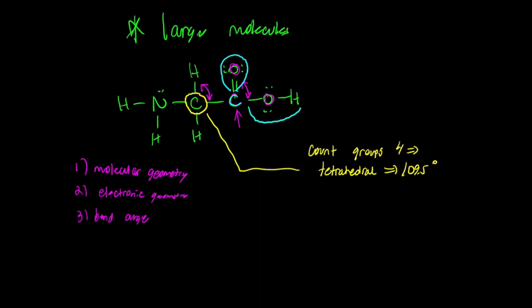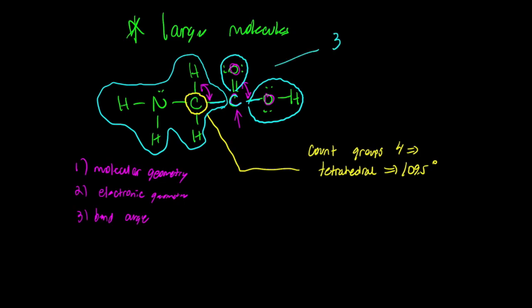This is one group. Okay, because there's a line going that way. And here's a line. This is one whole big old group. So we say that that carbon has 3 groups. Okay? 3 groups means, let me think, right? It means you have a trigonal planar geometry.